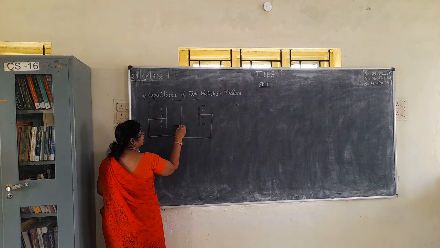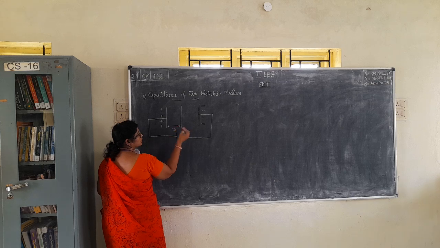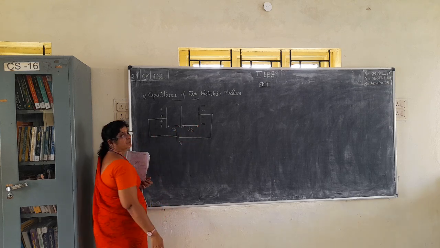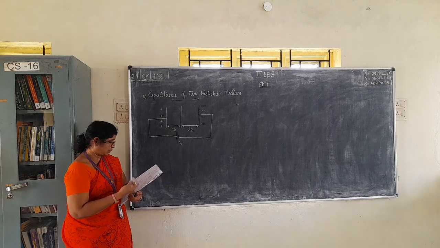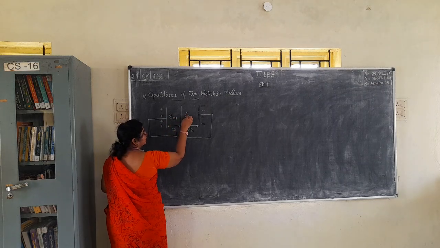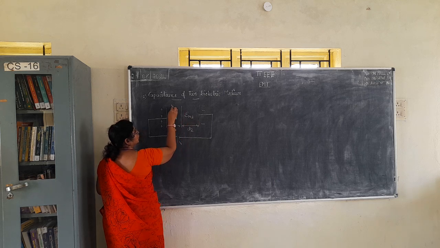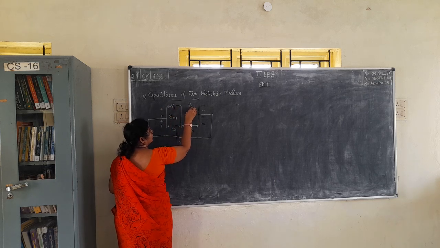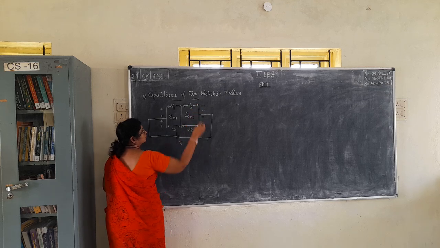The first layer has thickness d1, the second layer d2, with dielectric constants epsilon R1 and epsilon R2. The voltages are treated as V1 and V2.